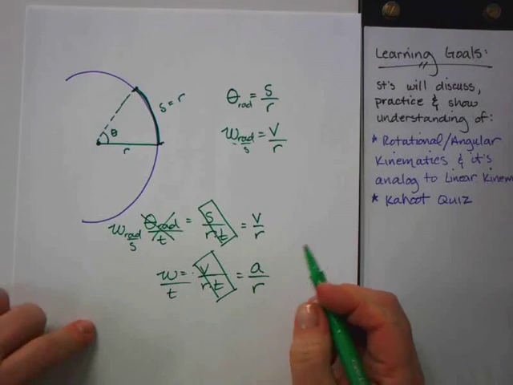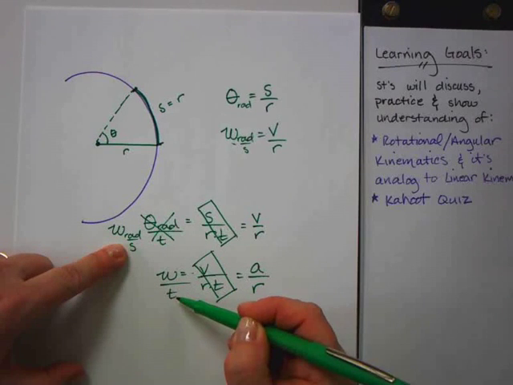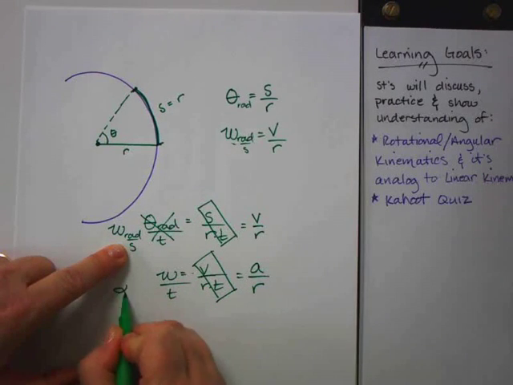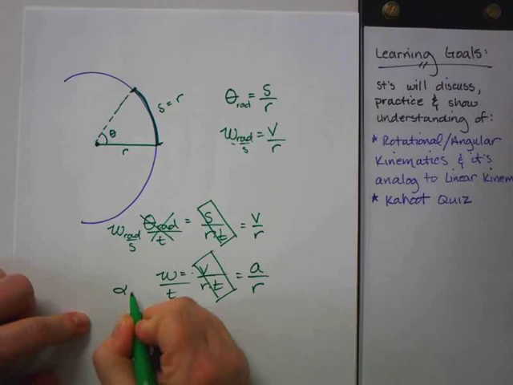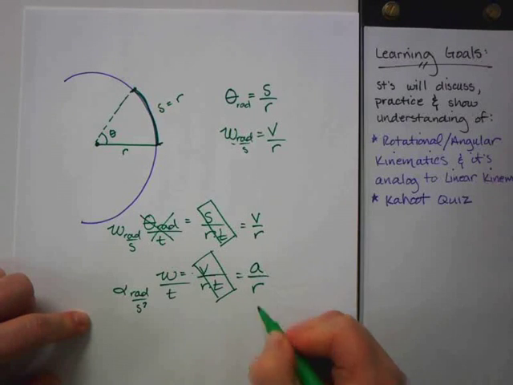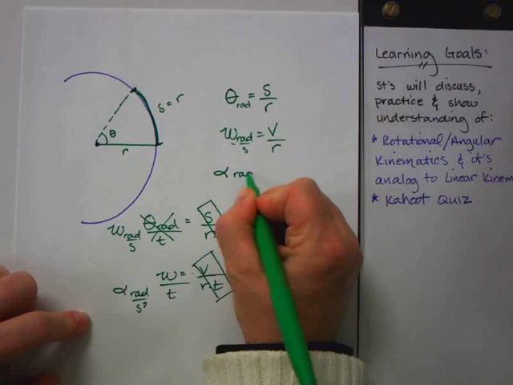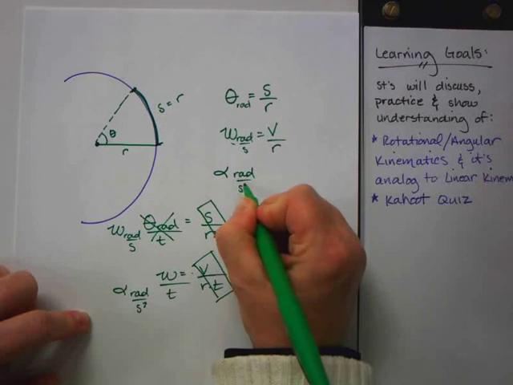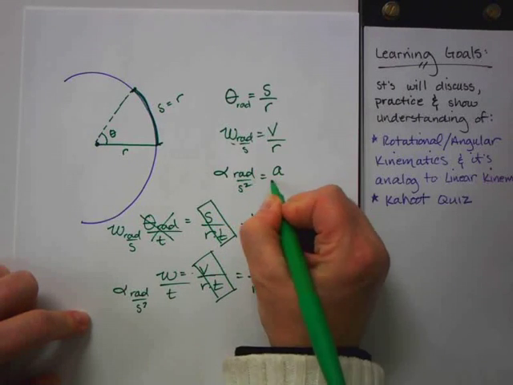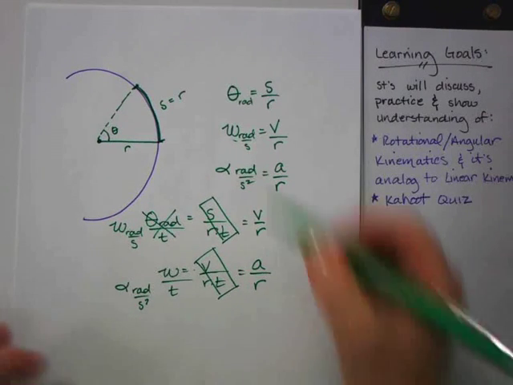So that equals A divided by R. And then this will be radians per second squared, or alpha. That's what we use to describe angular acceleration. So alpha in radians per second squared equals A over R.